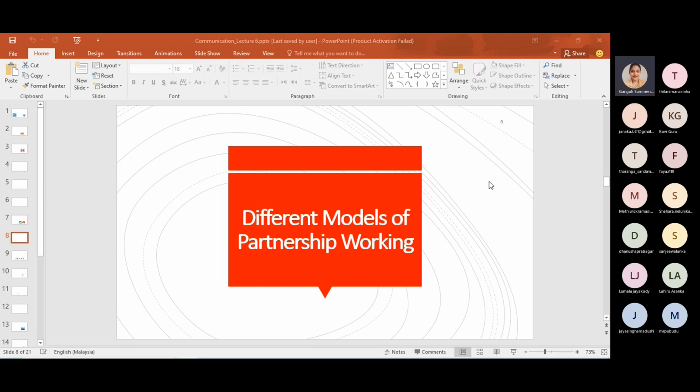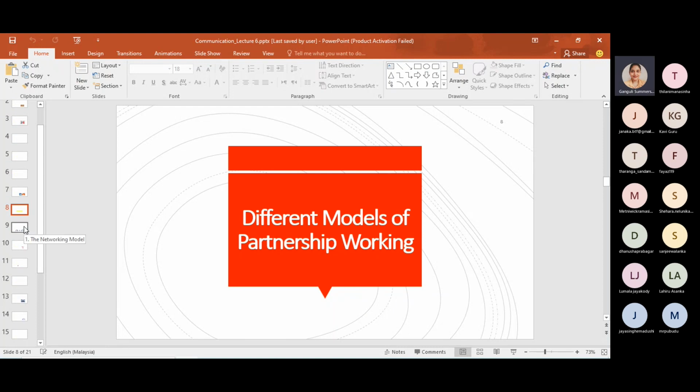Do y'all have any doubts, guys? Okay. I got to hear from Lahiru and Taranga. Can I hear from others as well? Okay, all right, guys. We'll discuss this topic now, and if you get any questions while we are discussing, we can discuss those questions again after completing these few slides.